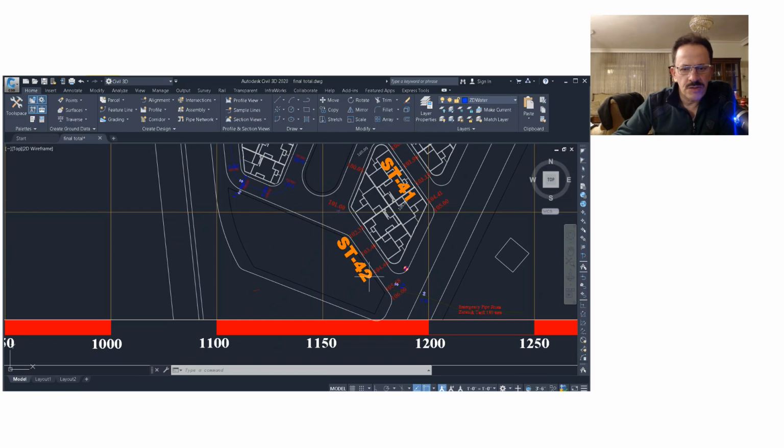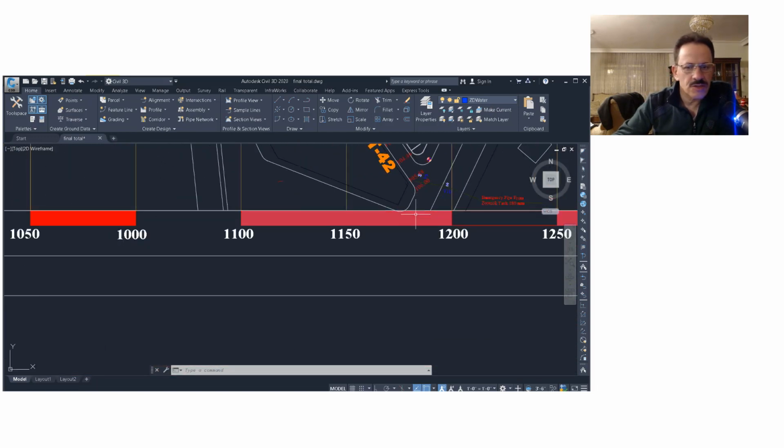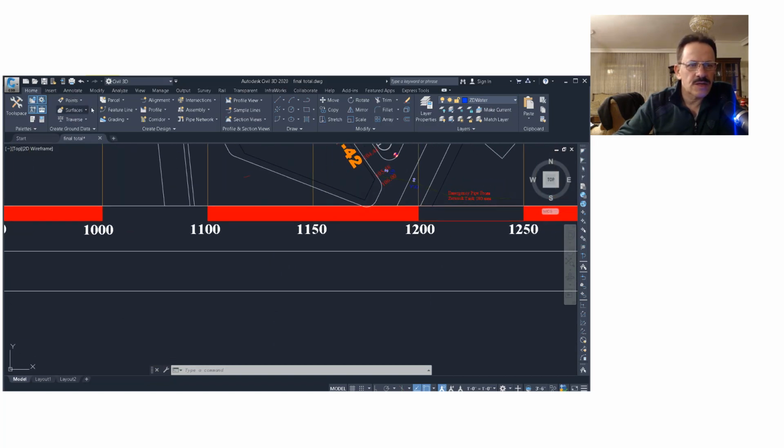So what I should do is propose that at the highest elevation in this region I have a tank. I will propose there is a tank here, and I will draw this tank.